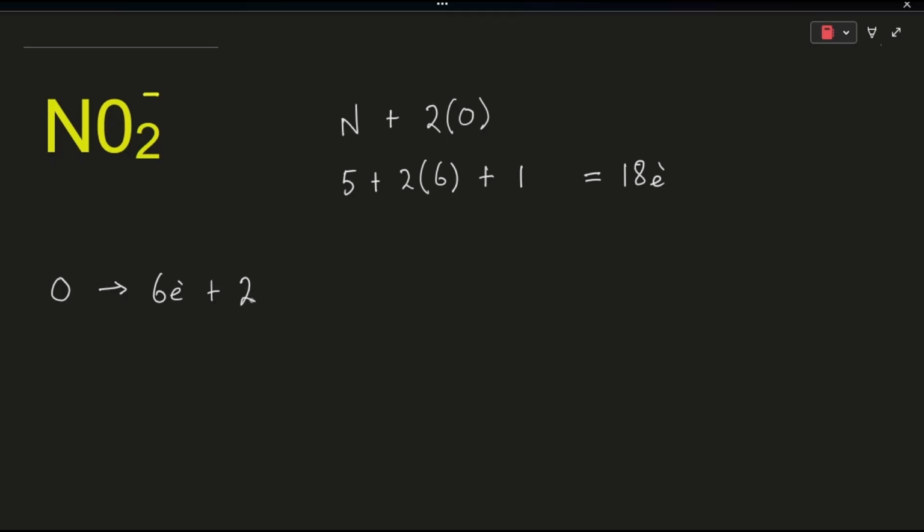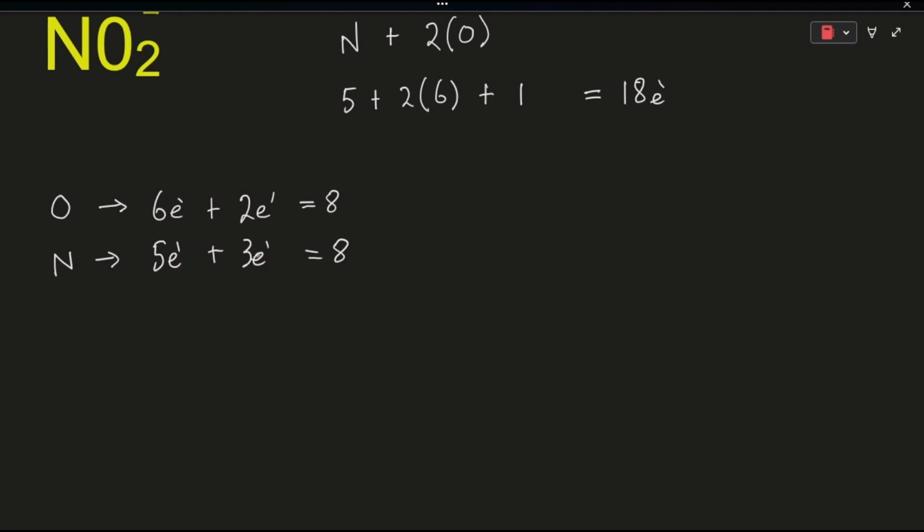It will require 2 extra electrons to get to 8 and achieve the octet. Nitrogen, on the other hand, has 5 valence electrons. It would require 3 electrons to get to 8 to make the octet. In that regard, nitrogen can form 3 extra bonds and oxygen 2 extra bonds. The more bonds the atom is able to make, the more suitable it is to be considered as the central atom, and the more favorable host it would be to other atoms to form covalent bonds.